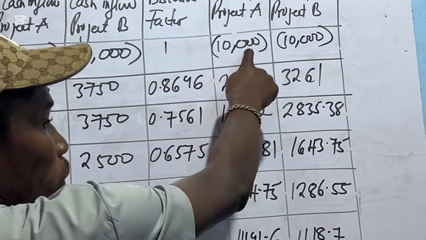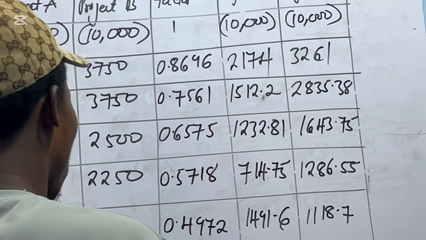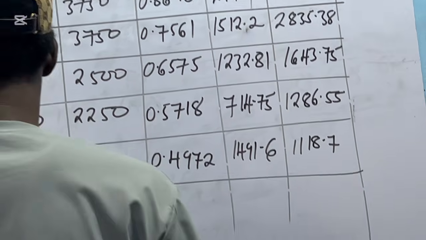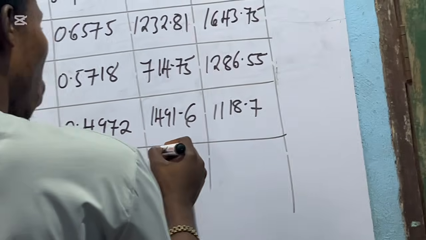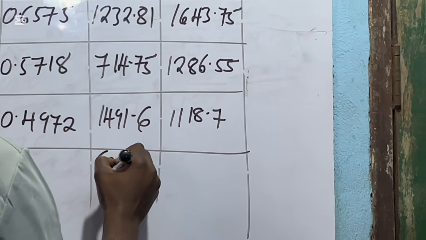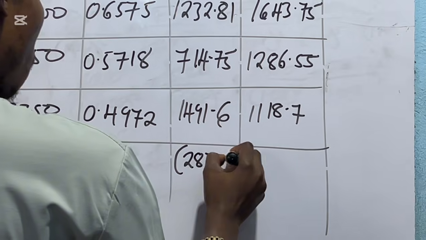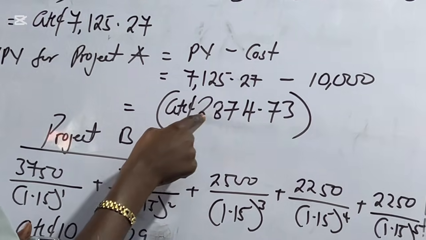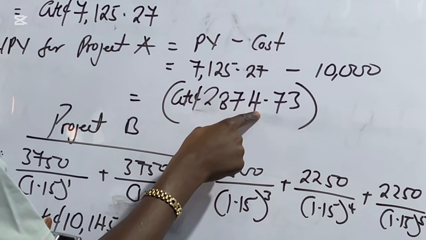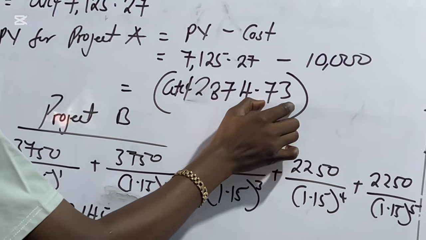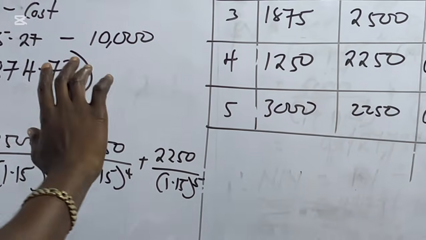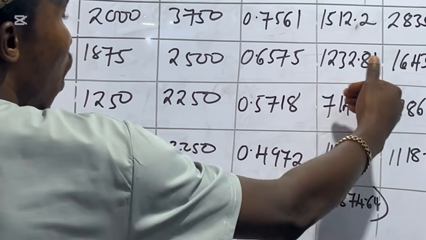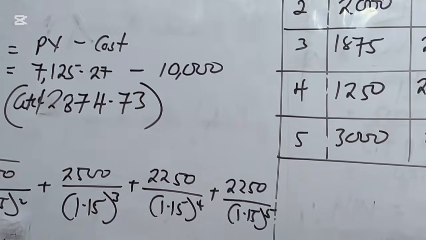Then this is negative, so minus 10,000. And that will give us negative, so we put it in a bracket. Negative 2874.64. You see, approximately 2874. Now, the difference in the decimals does not matter because here we are running numbers. All of these are numbers that we are running. But when you look at the whole number, it's just the same thing.